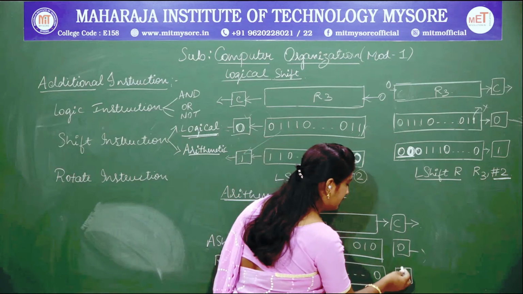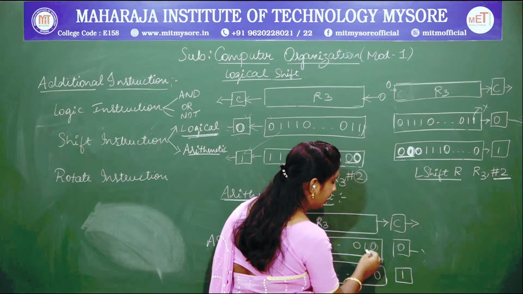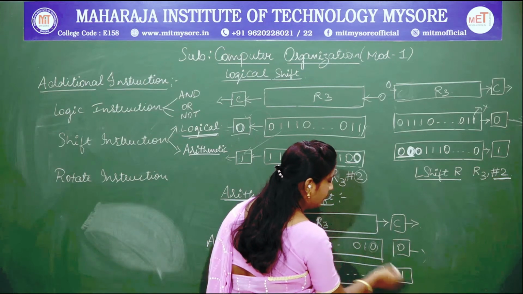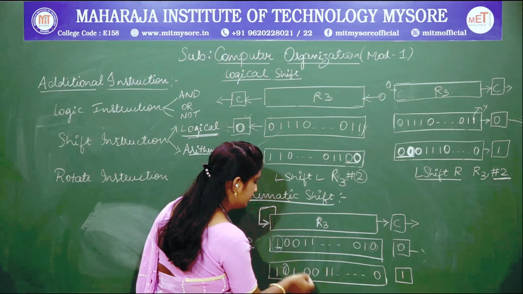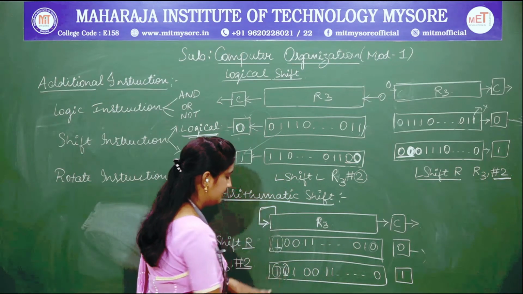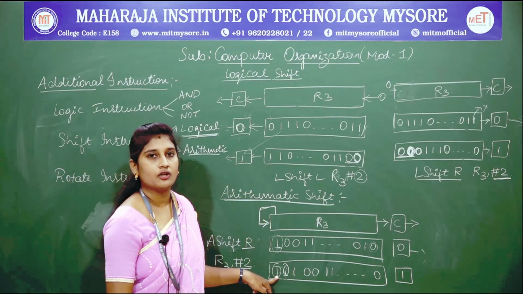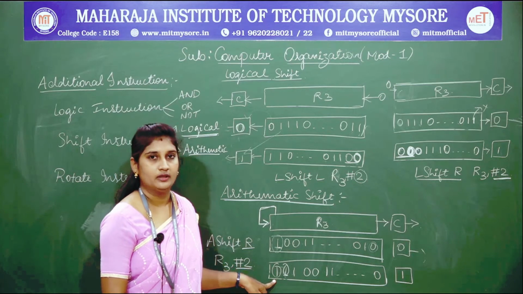Again, second shift operation, this 0 again gets shifted out, and this 1 is being fitted into the carry flag. 0, 1, 1, 0, 0, 1. This is my first shift bit, and now again in the second shift I got one empty bit. So again I am filling this empty bit with 1. Fine.